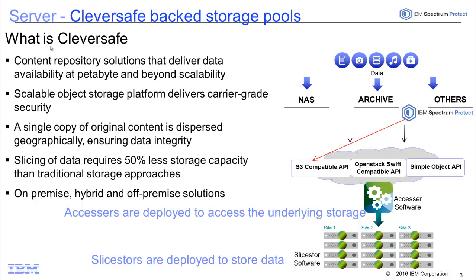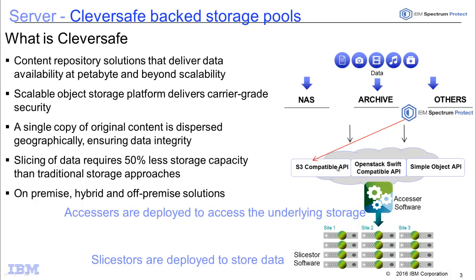We introduced container storage pools for cloud storage back in 713, and so what we're adding in 715 is the ability for Spectrum Protect via an S3 compatible API to utilize the Cleversafe storage as the container storage pool, utilizing object storage underneath. A couple things to notice on this picture is the assessors are important in the Cleversafe world, and we're going to be utilizing those to connect Spectrum Protect with the underlying storage.